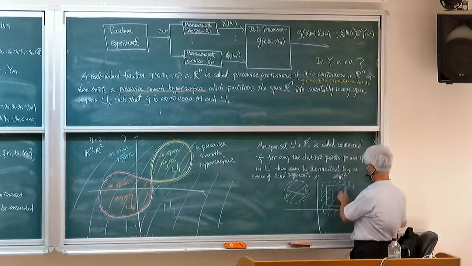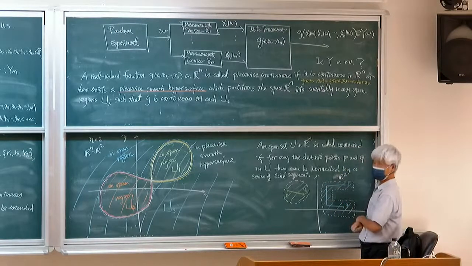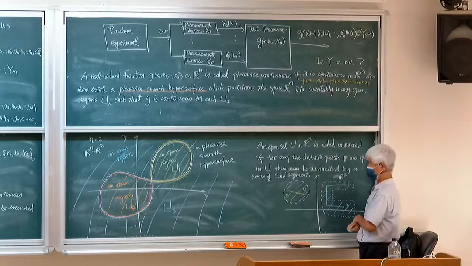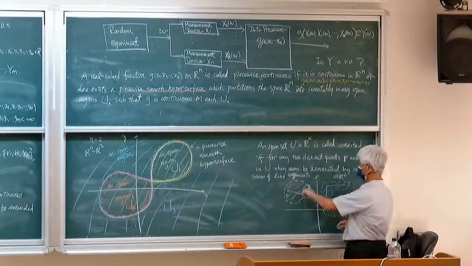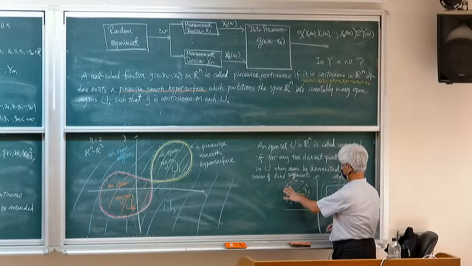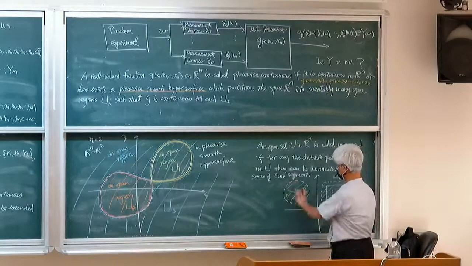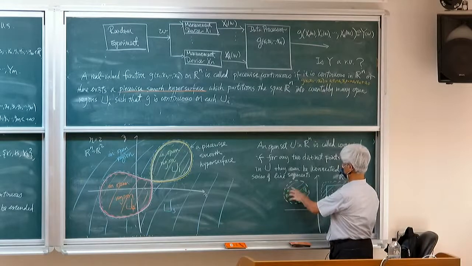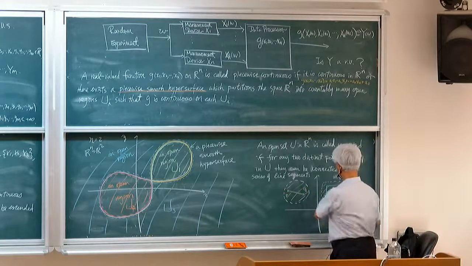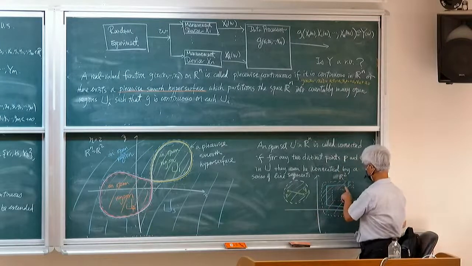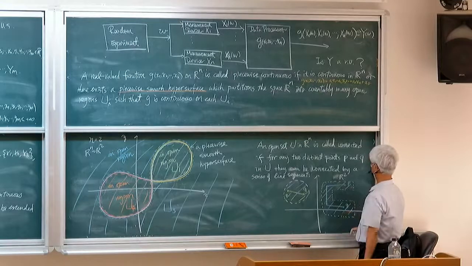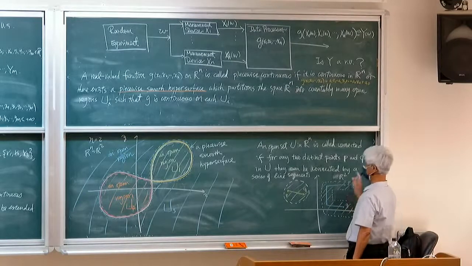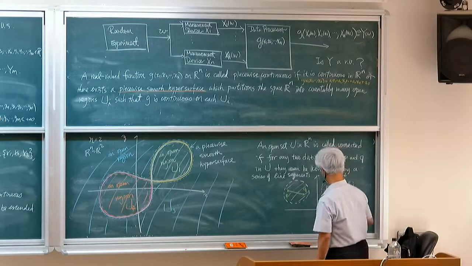So it can be connected by 3 line segments. This is a convex set, so only 1 segment will be enough. But this is not convex, so we may need more than 1 line segment to connect them.